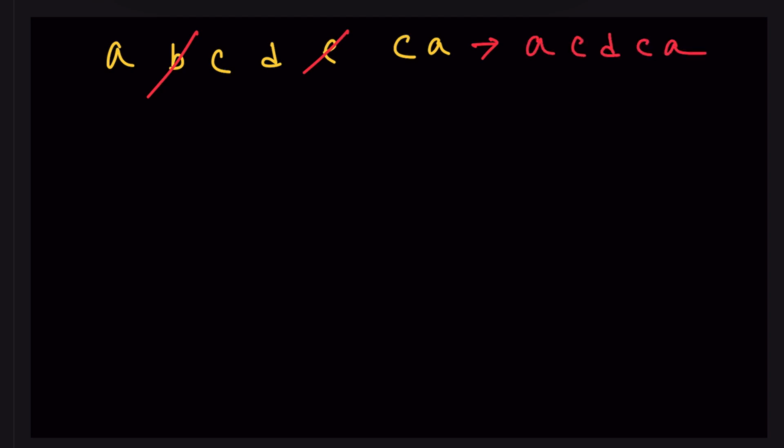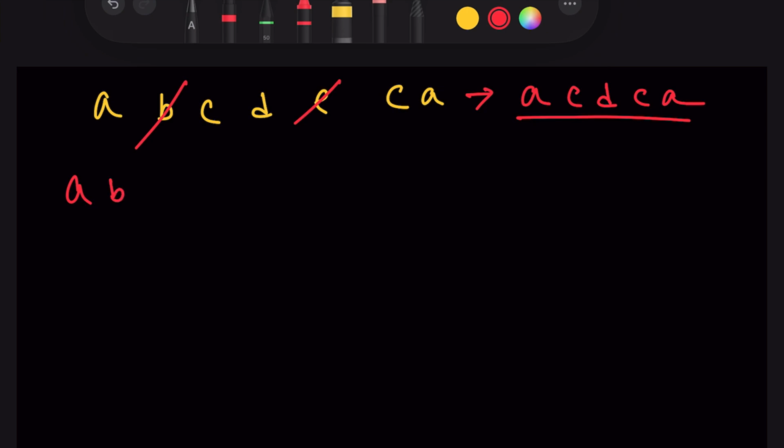Consider this string A, B, C, D, E, C, A. If we remove the characters B and E, we get the result A, C, D, C, A, right? So this is a palindromic subsequence. Now if we have a string like A, B, C, D, A, how do we check if it is a palindrome or not?